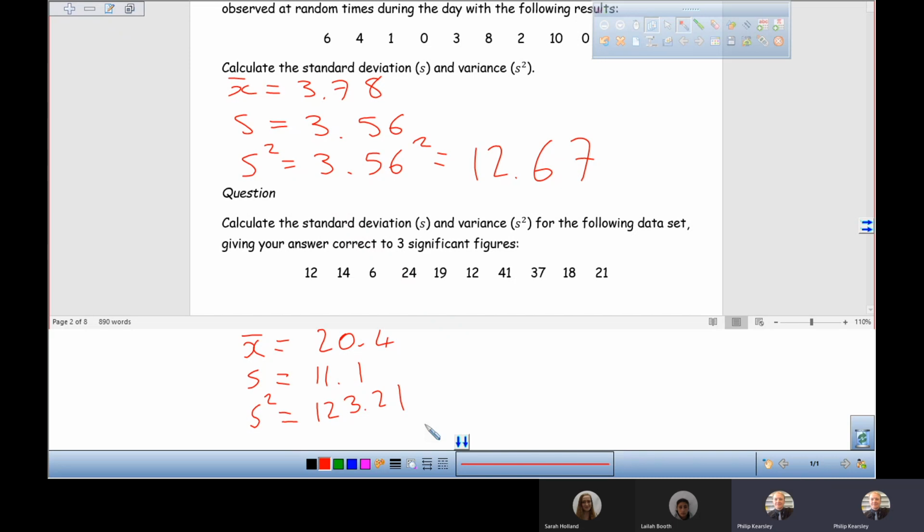The reason we've worked out variance is so you are aware that variance is standard deviation squared. Here's a question for you. There will be chapters where some of the distributional analysis won't give us S straight away. It might actually give us S squared. It might give us the variance.